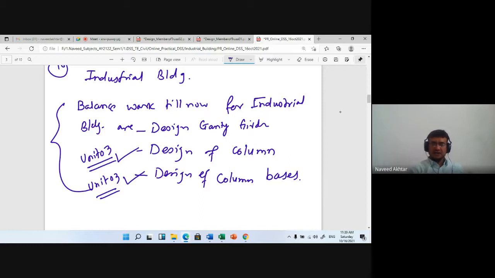And design of gantry girder will be in unit number 5.